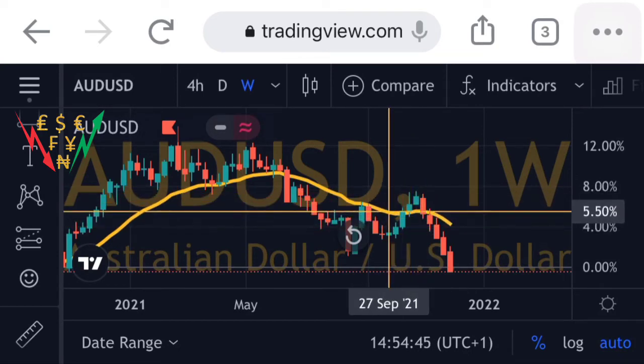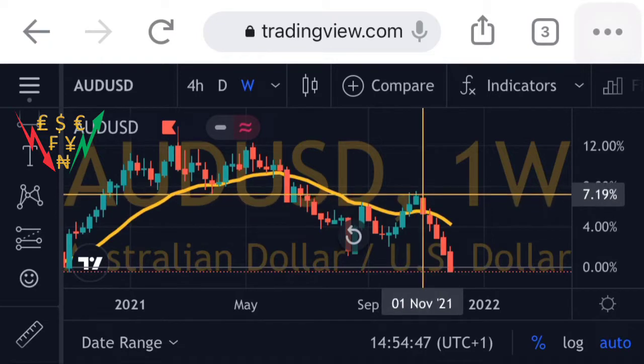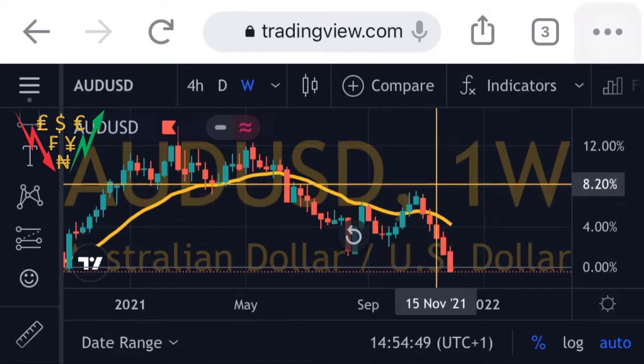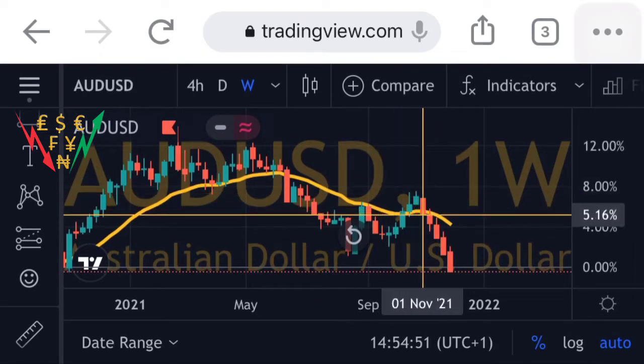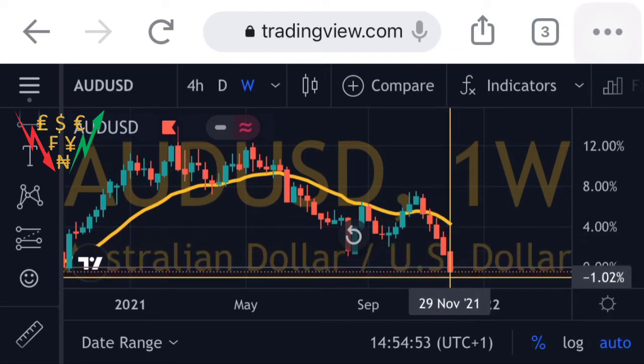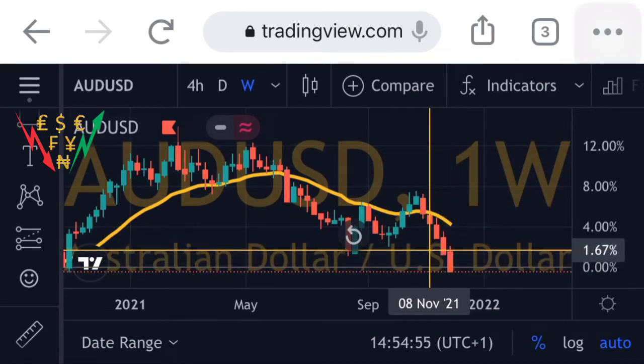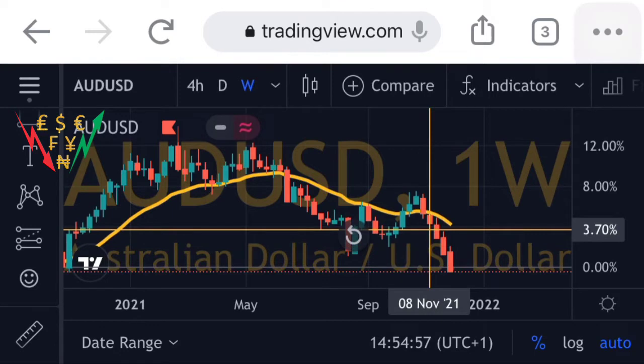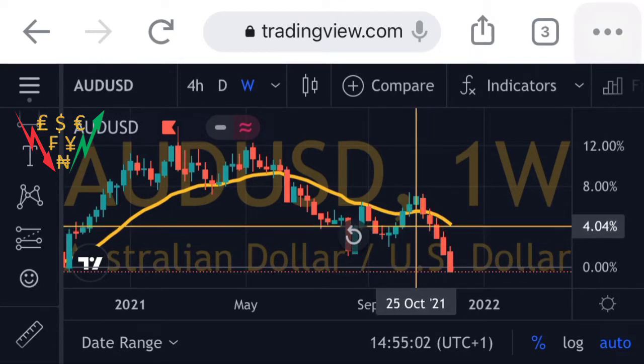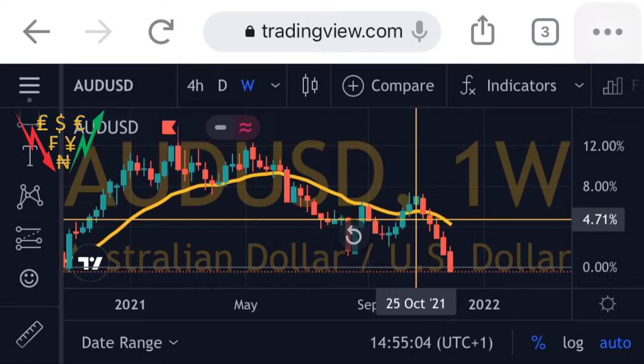Okay, but then right here what we have seen is that most recently the price has been in a downtrend. Now this is one problem most traders have. You can easily tell, a whole lot of traders, let me say 70%, 60% of traders, can actually tell the direction of the market.